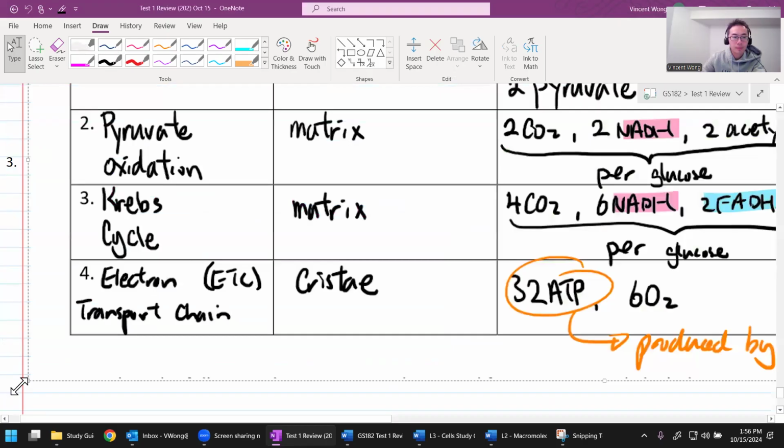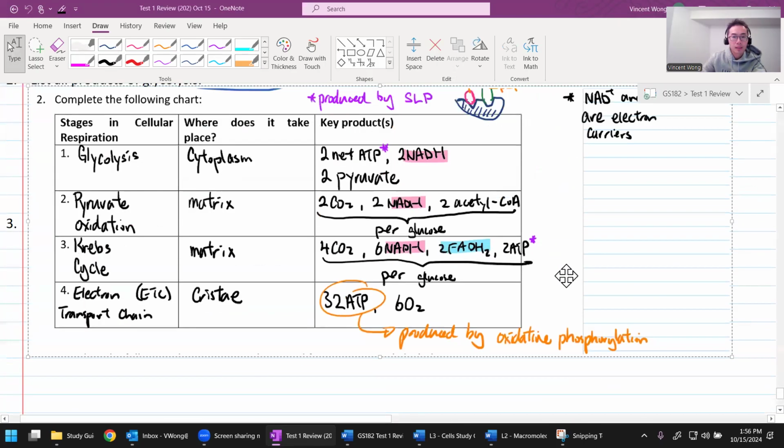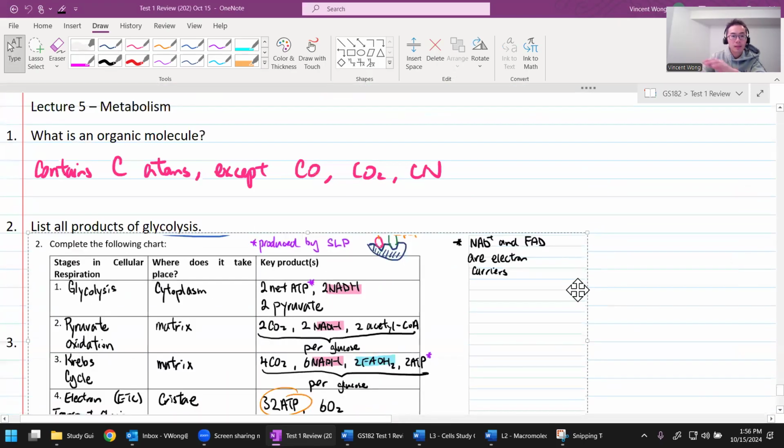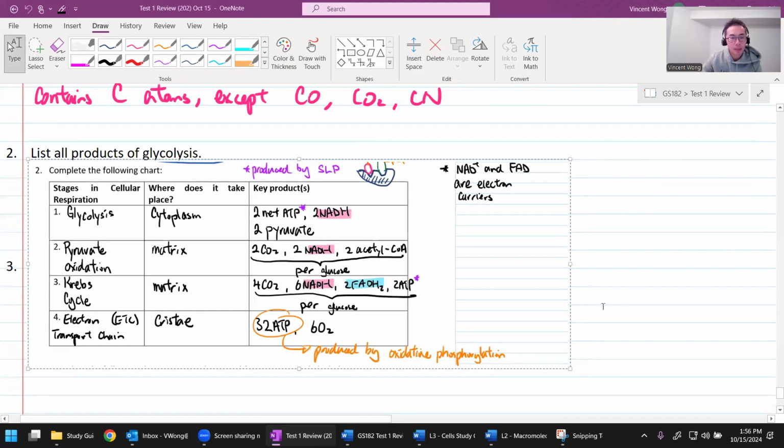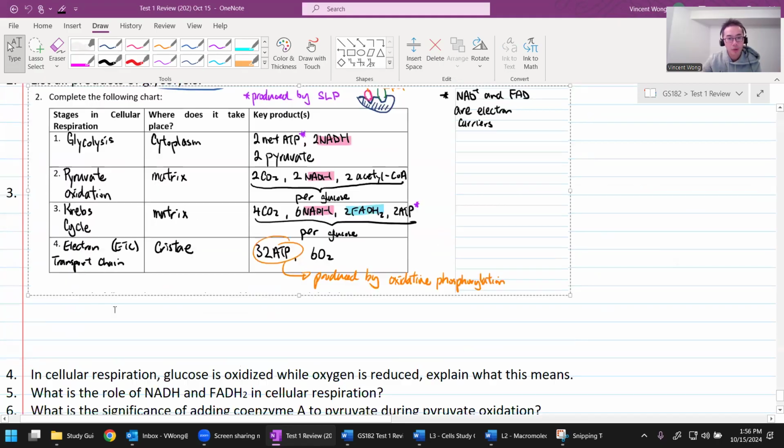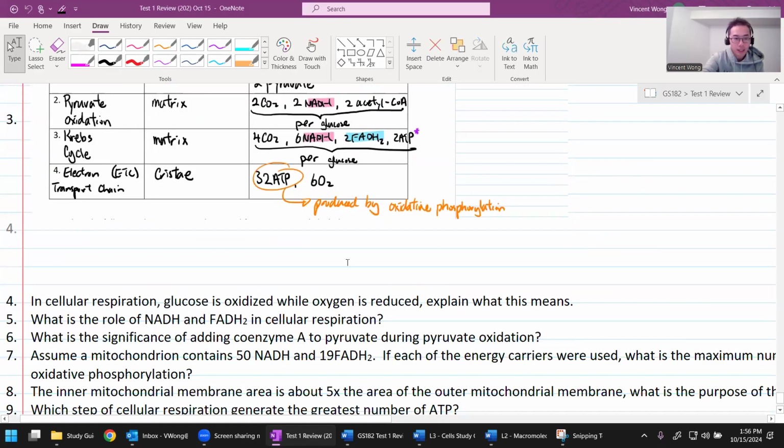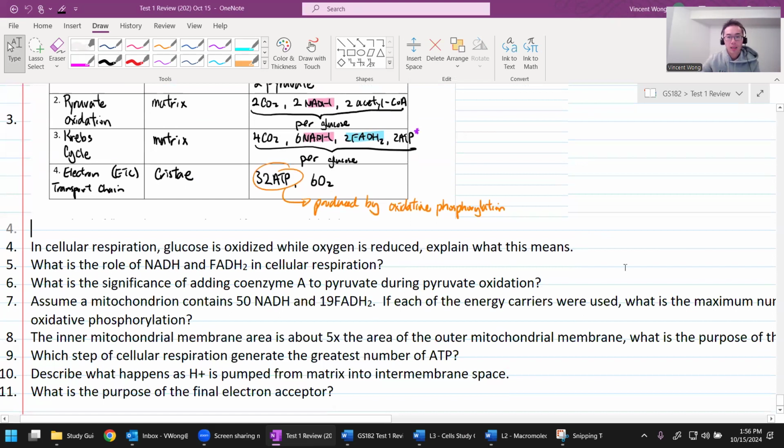There we go. Okay, so the main products of glycolysis would be pyruvate, because you split the glucose in half, right? You generate 2 net ATP and some energy carrier. Okay, so make sure you know what are the key things that you created.